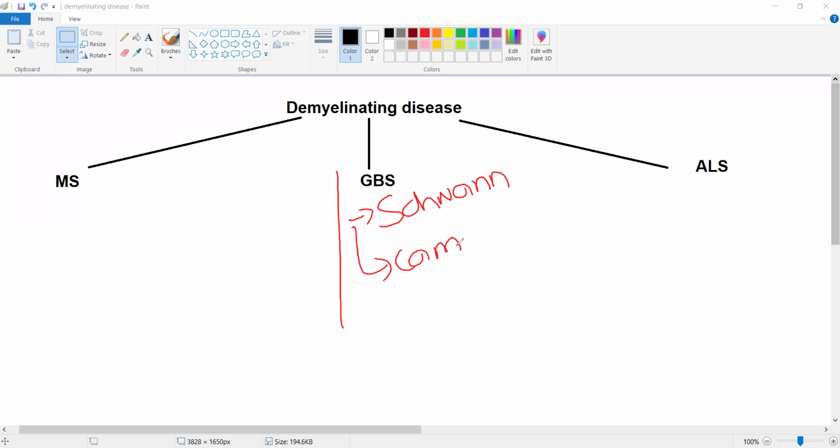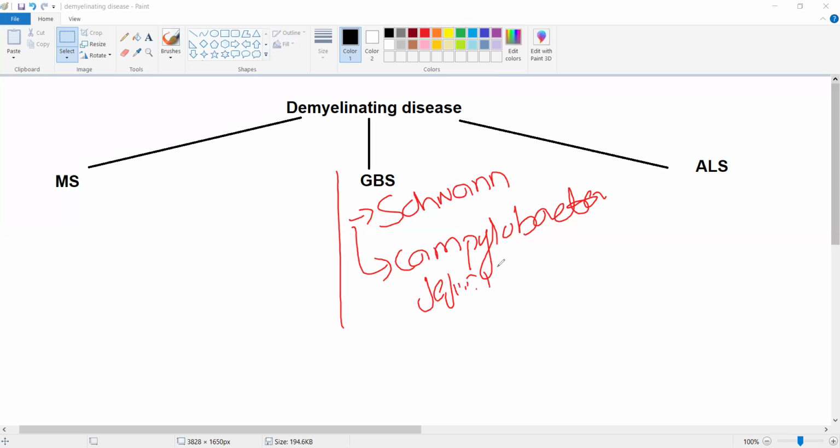Campylobacter jejuni is a bacterium. There are some other viruses as well, but the most high yield is Campylobacter jejuni. Another name for GBS is acute inflammatory demyelinating polyneuropathy.